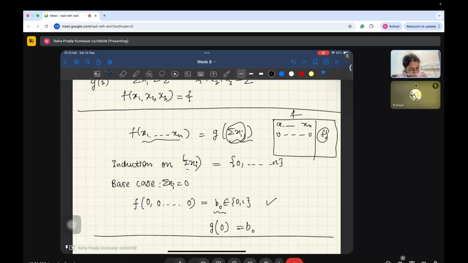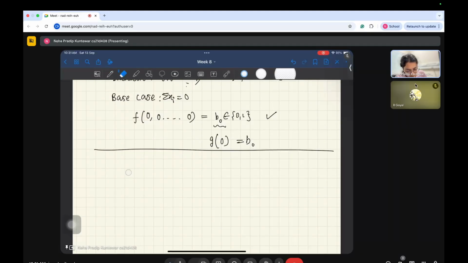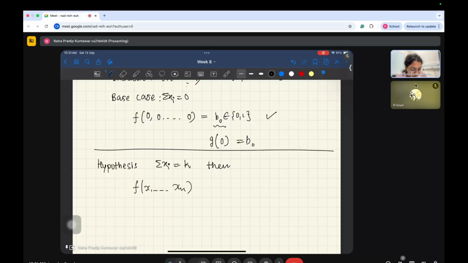By hypothesis, let's assume that whenever the summation of xi is equal to k, then f can be written as a g which depends only on the summation. Now what we want to show is that the summation of xi is equal to k plus 1.